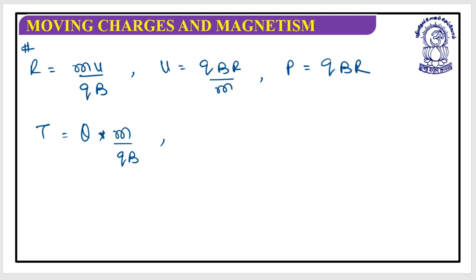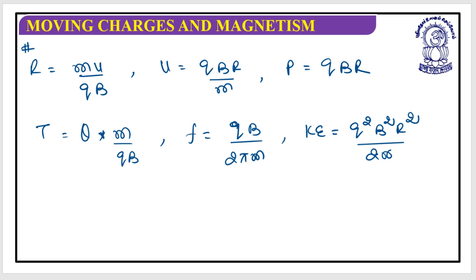The frequency is qB divided by 2 pi m, and the kinetic energy could be written as q square B square r square divided by 2m. Yes, these are all the relations. You must remember this. I hope these things are clear. Any doubts on this?